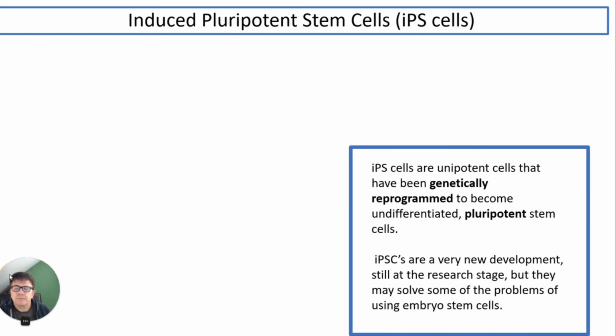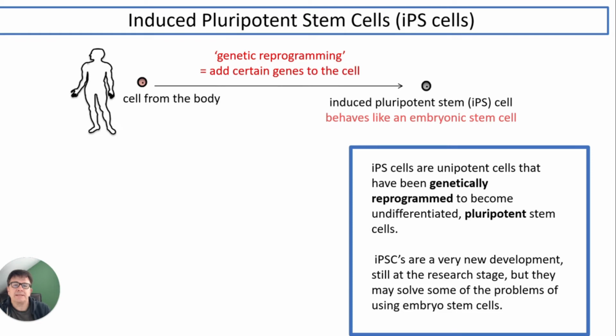Now, in terms of use of stem cells in medicine and research, obviously the use of embryonic stem cells has caused some ethical issues, which I'll talk about in a minute. One of the ways that researchers have overcome this is using what we call induced pluripotent stem cells, or iPS cells.